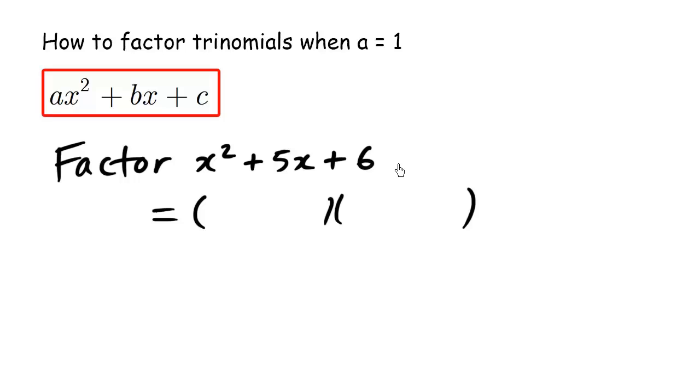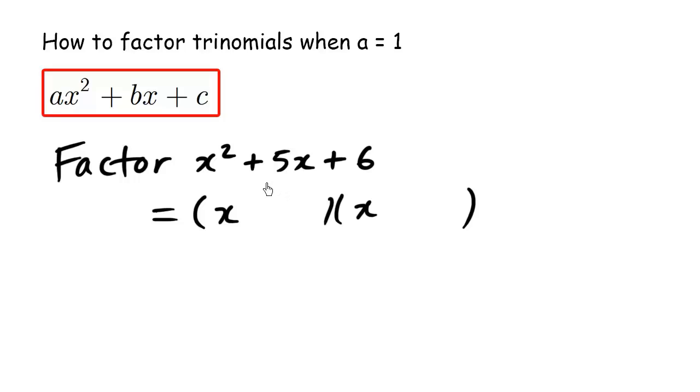Ask the question, what times what becomes x squared? X times x becomes x squared. So we already solved part of the answer. Now the challenge here is to find two numbers that multiply to be 6, yet add to be positive 5.